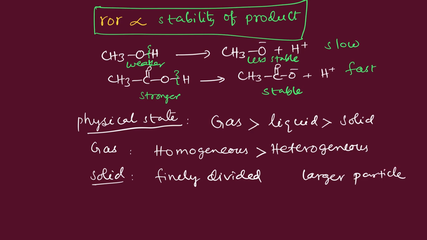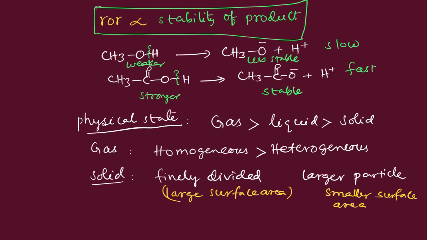The finely divided form has a large surface area. This is a smaller surface area. Therefore, a larger surface area gives a larger rate, so the rate of reaction increases compared with the larger particle. Finely divided particles have a larger surface area, therefore they are fast reactions, and this is called a slow reaction.